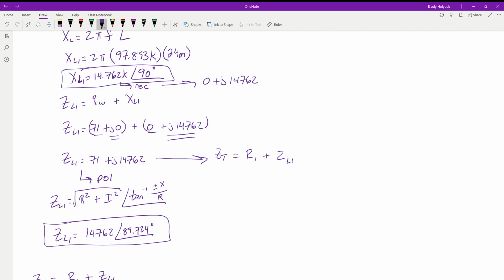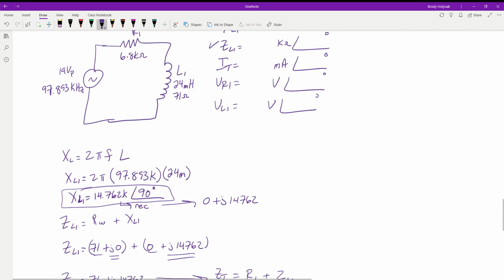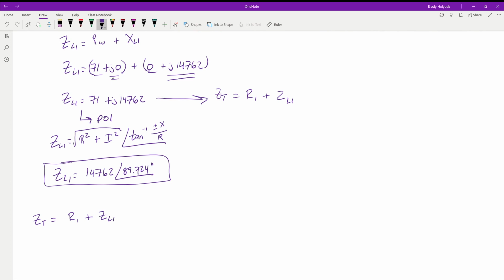So here we could go with 6.8K plus j of 0, plus the 71 plus j of 14,762. Again, we add like terms, and we get 6871 plus j of 14,762.